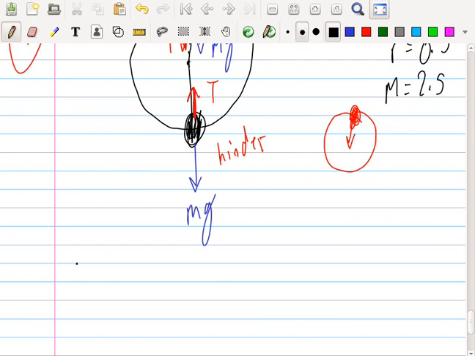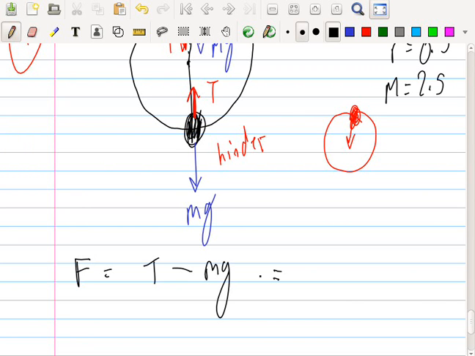So what is the force acting at the bottom? Well, it'll be T minus mg at the bottom here. But because it's traveling in a circle, we can use the formula for force in a circle, which, if you want to take out your formula book, is on page 3.